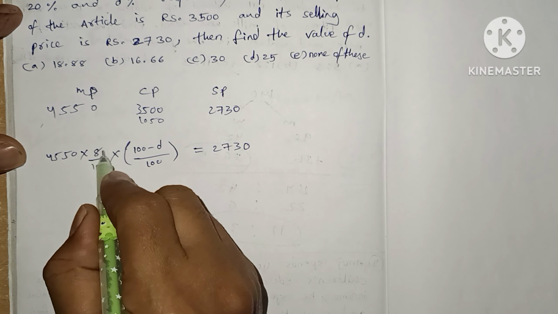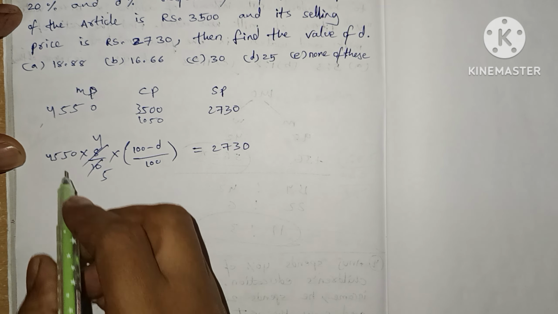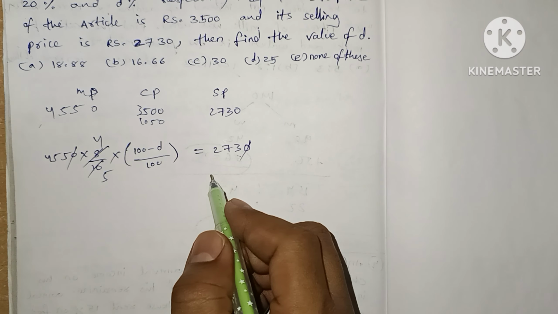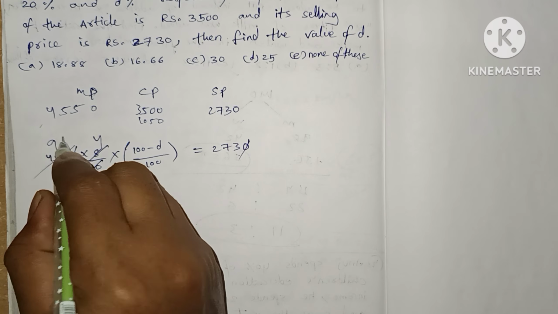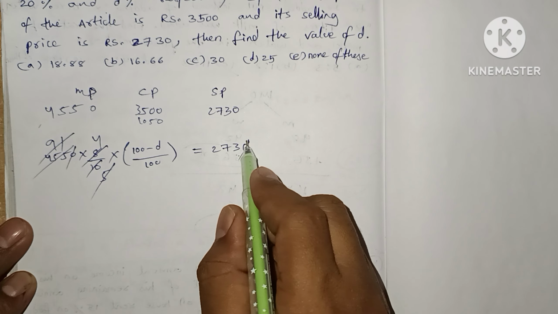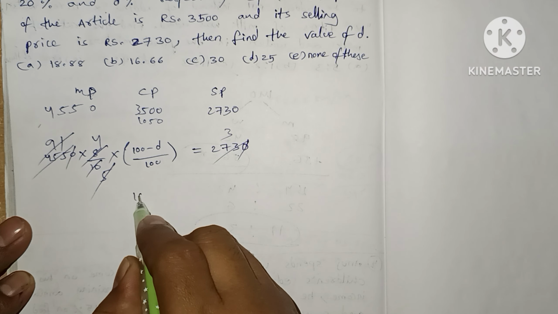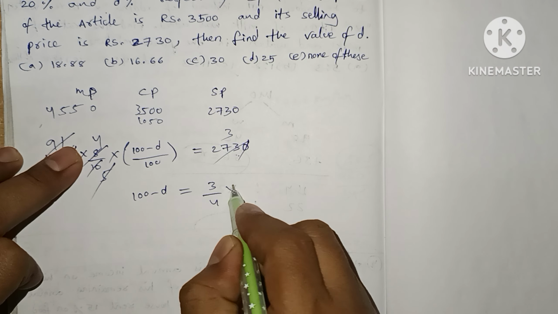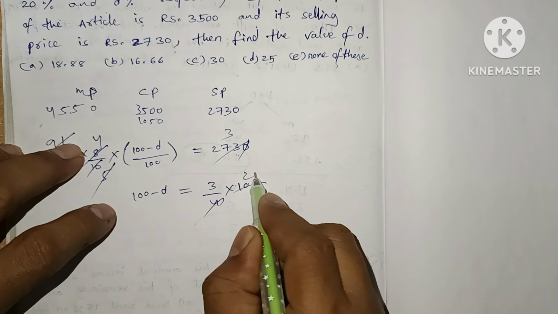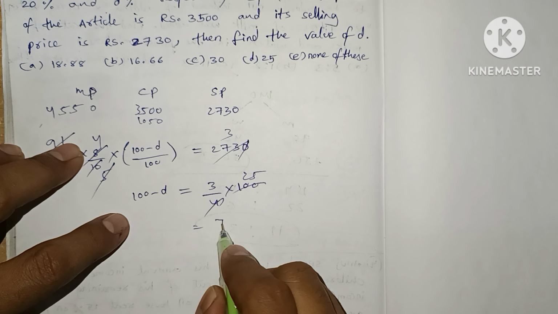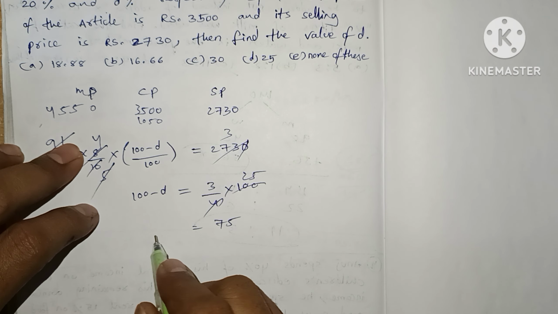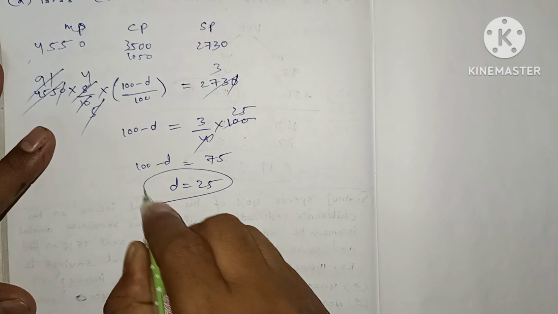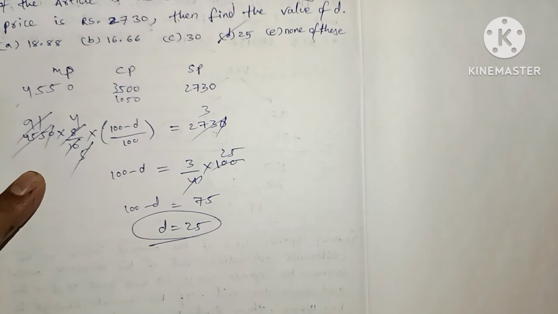Now the zeros cancel. 91 3 times. We get 100 minus D is equal to 3 by 4 into 100. This is 75. So 75 equals 100 minus D, and the D value will be 25. So our answer will be option D, 25.